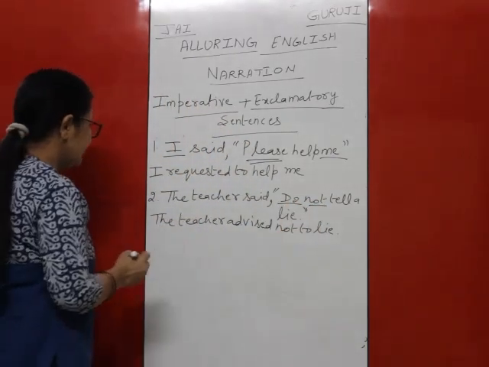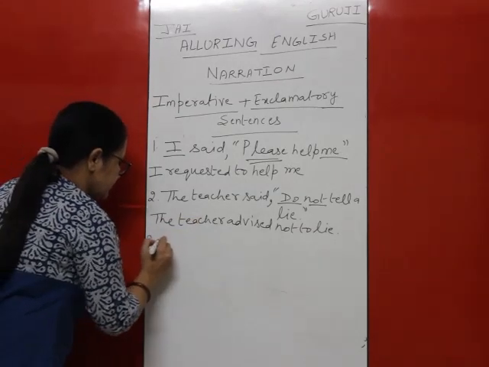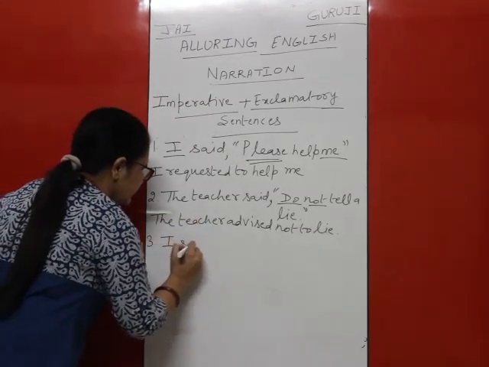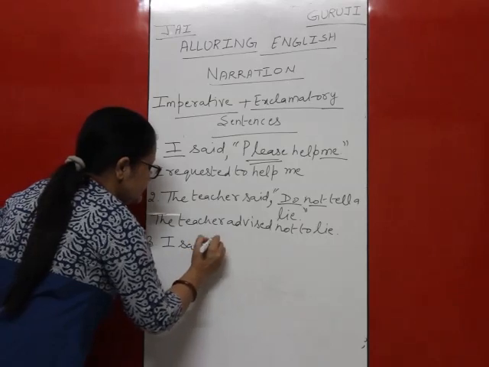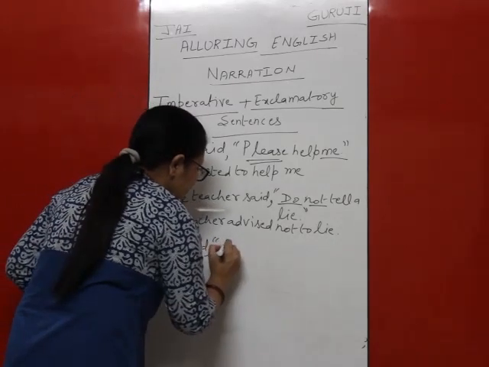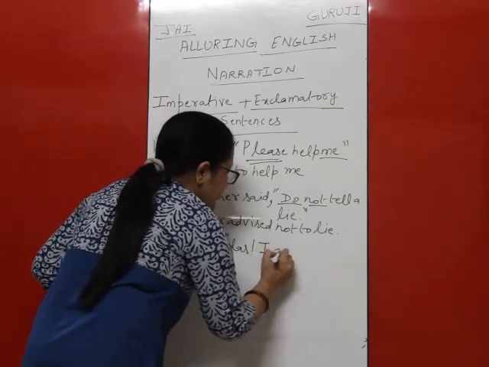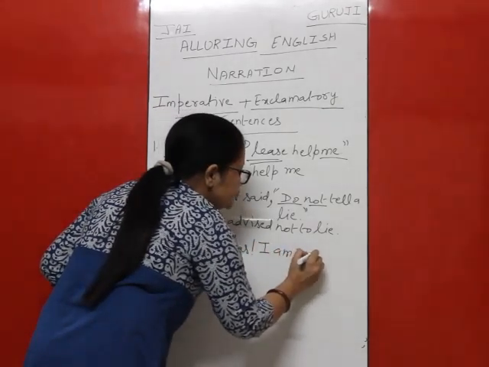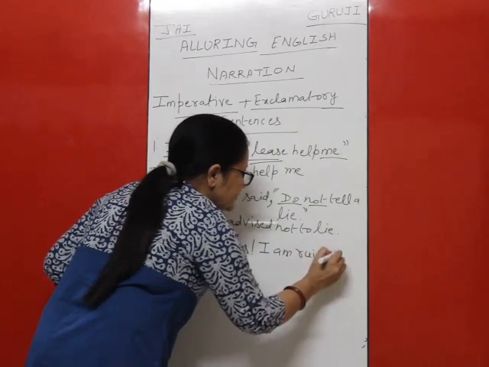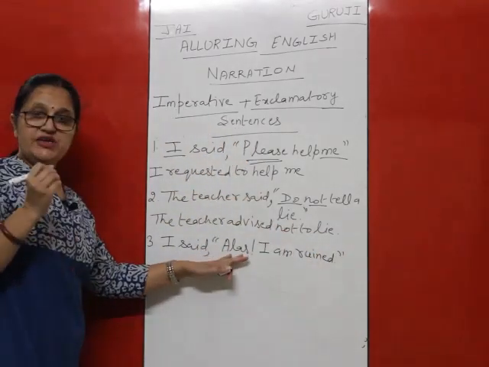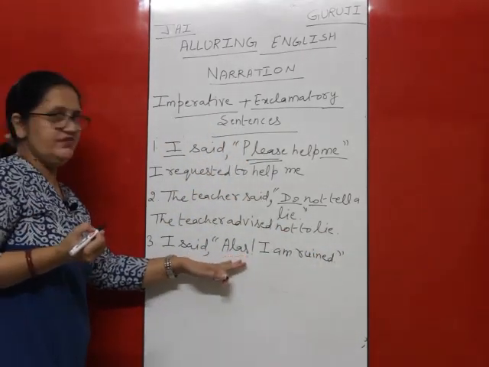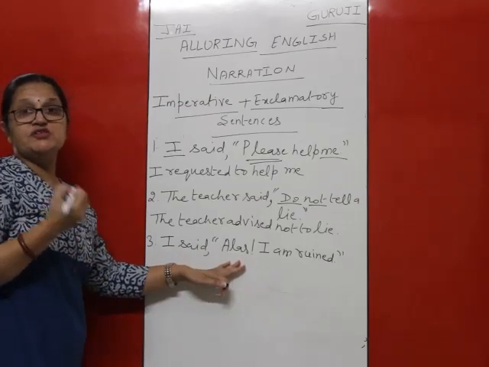If I talk about exclamatory sentences, I said, inverted commas, alas, I am ruined. Alas is very much expressing that I am very much upset. I am in sorrowful mood.